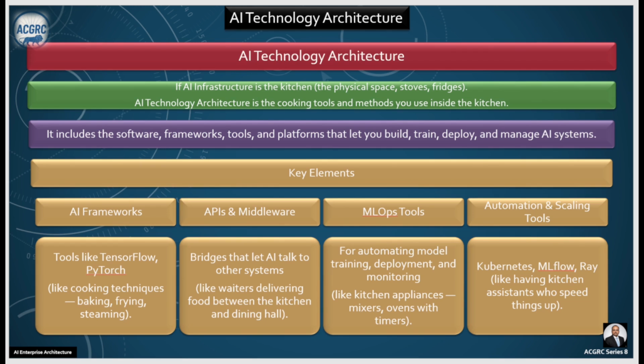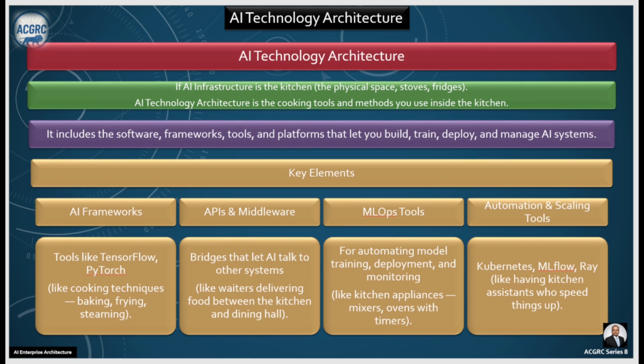Tools like TensorFlow or PyTorch, like the cooking techniques of baking, frying, and steaming, are part of the AI frameworks. Bridges that let the AI talk to other systems are the APIs and the middleware. These are like the waiters delivering the food between the kitchen and the dining hall.